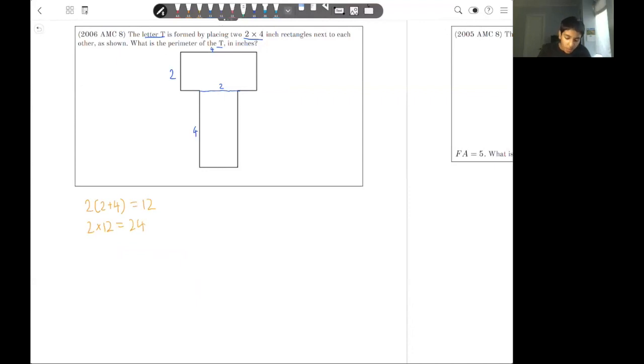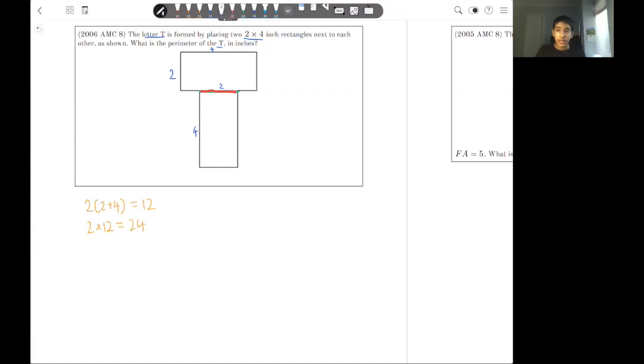Except now we're putting them together. So now not all the regions are going to be there. For example, this region, even though we counted it as part of the perimeter of the rectangle, it's actually not part of the perimeter of the shape. And same thing for the rectangle on top. That same length is being counted as part of the perimeter, even though it's not actually part of the perimeter.